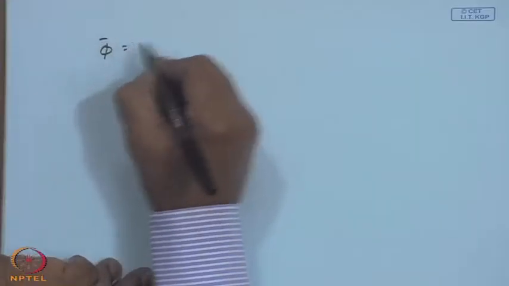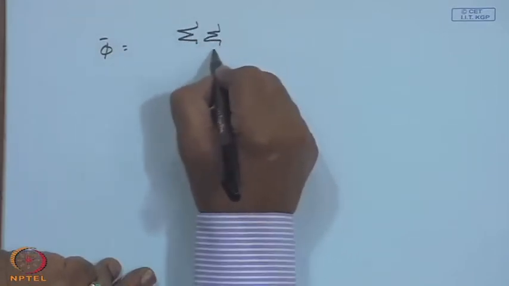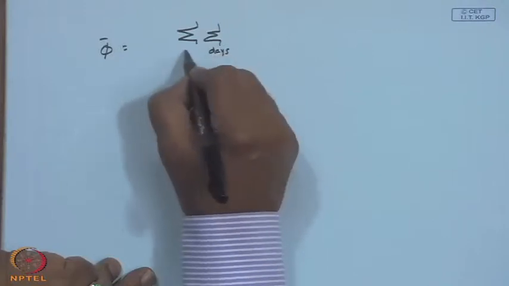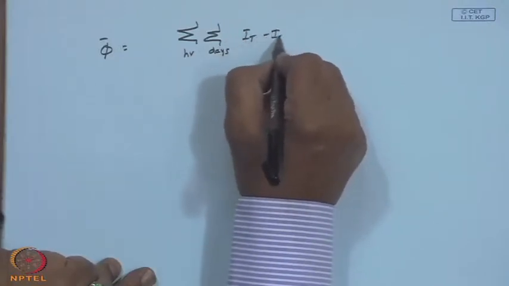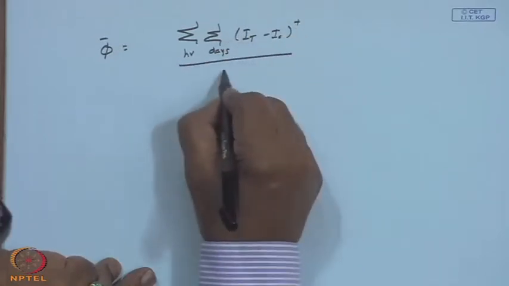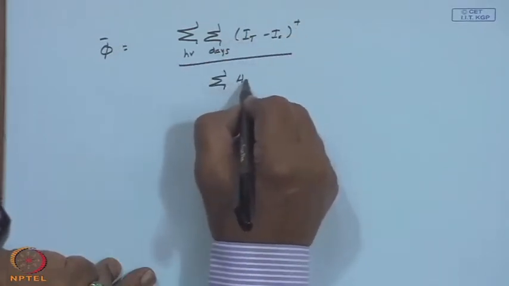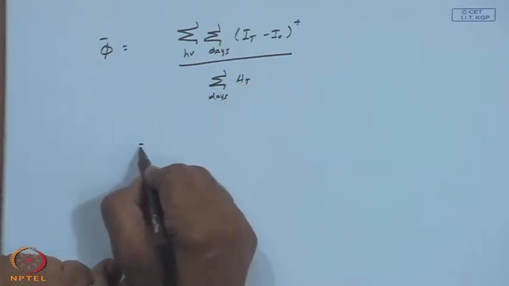So, the same phi bar can be rewritten as sum over the days and the hours of I t minus I c plus by sigma H t of the days.